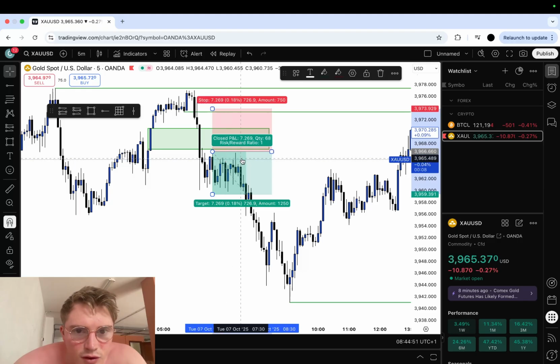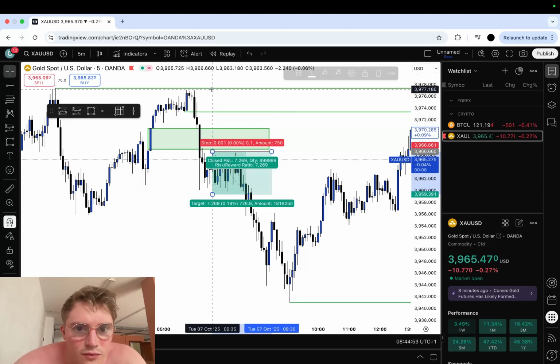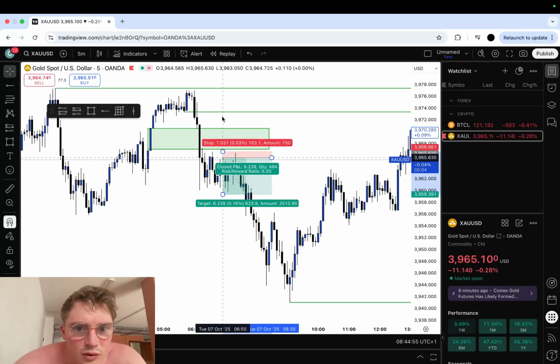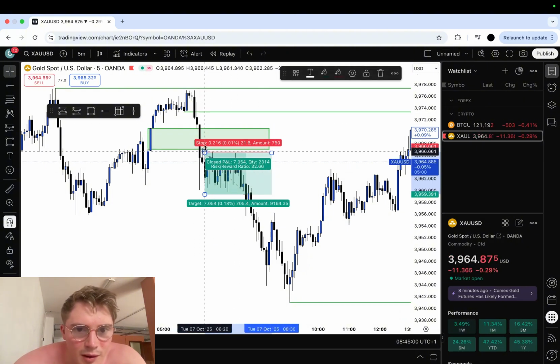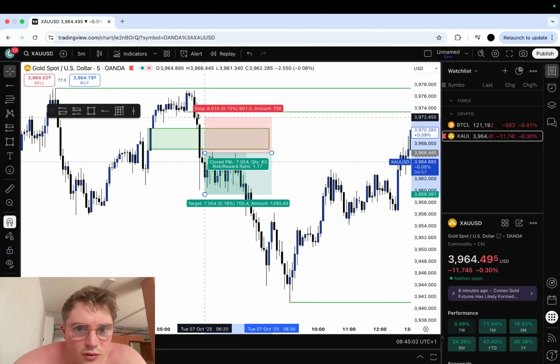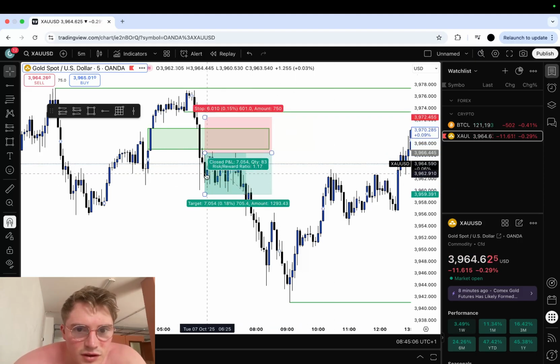I could even have looked for other ones, but for this one it wouldn't have been ideal. You would have really wanted this to have pushed up a bit higher. Let's say that did end up going up a bit higher, and then you would target previous lows.